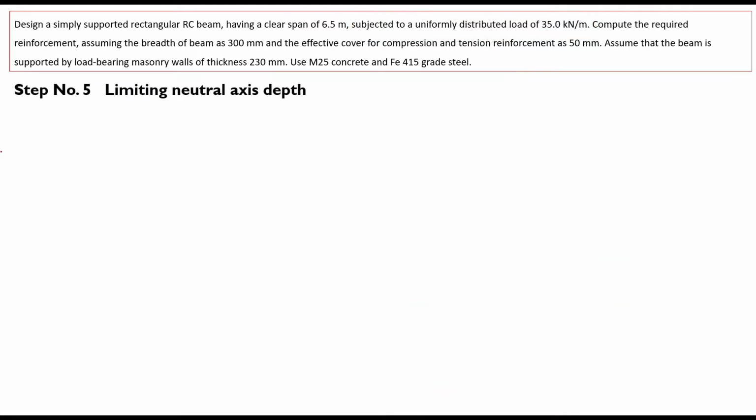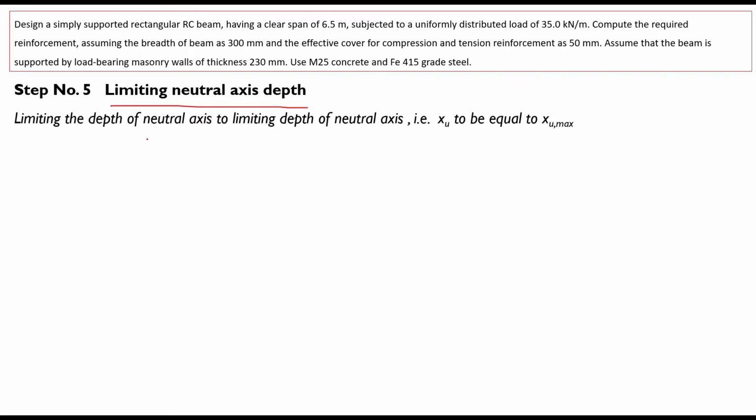Now step number 5, where we have to evaluate the limiting neutral axis depth. That means we are limiting the neutral axis depth.